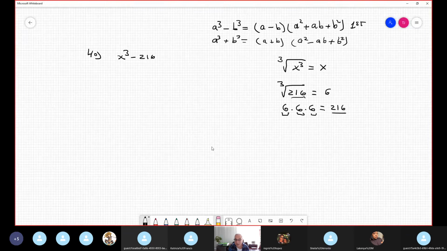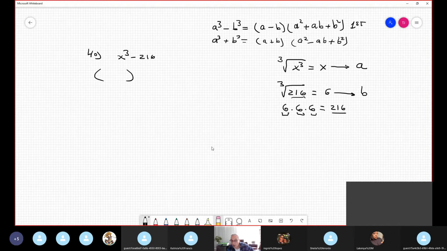Okay, so in the formula, this x working like a, and this working like b. Entonces you open two paréntesis, one short. It's 6 to the cubic power.